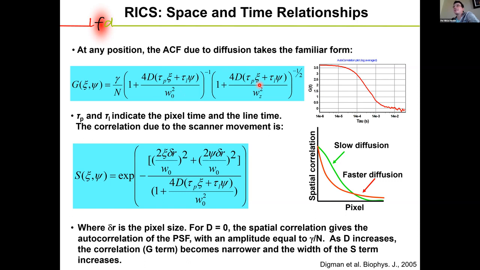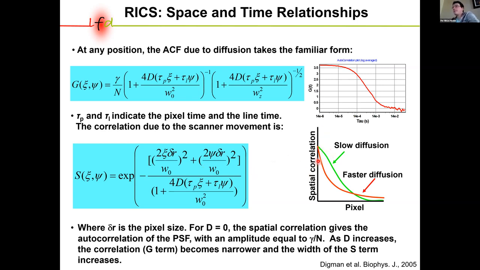And then we have a second term, which has the same parameters, but is divided by the point spread function extension in the axial, z direction. So this accounts for the motion of the molecules, but then we also have an exponential decay here, which accounts for the motion of the laser beam.